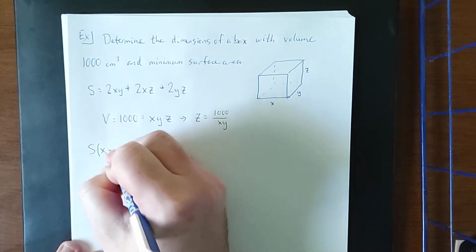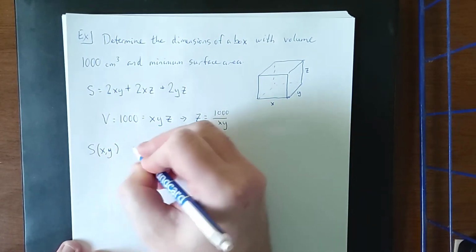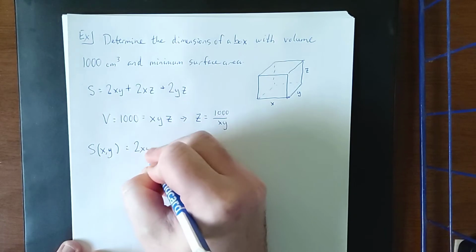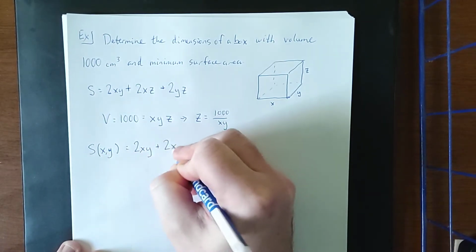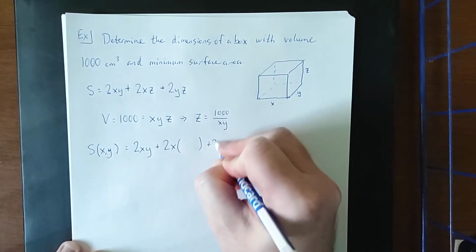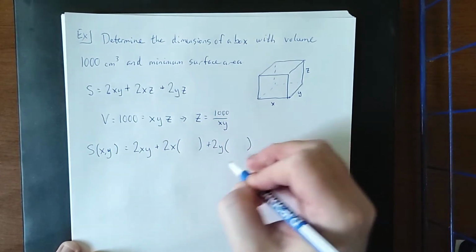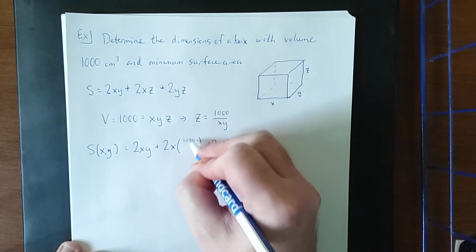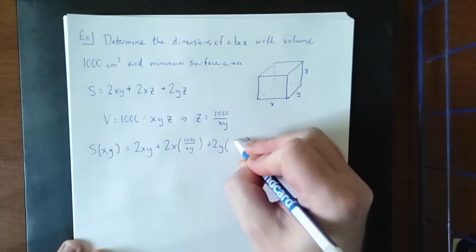That way, S of x, y is going to be equal to 2xy plus 2x times our substituted variable plus 2y times our substituted variable. And that substitution is going to be 1,000 divided by xy.